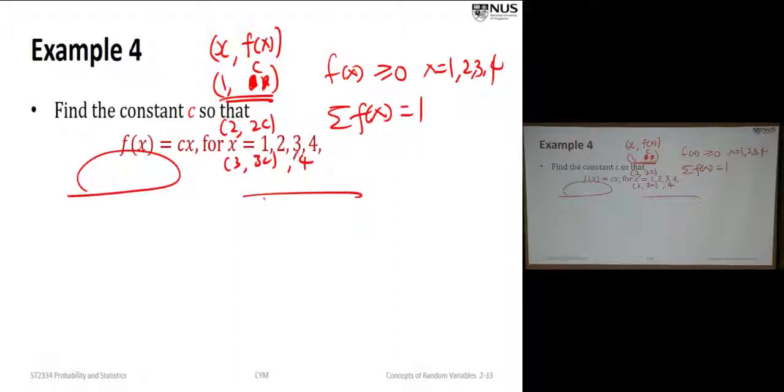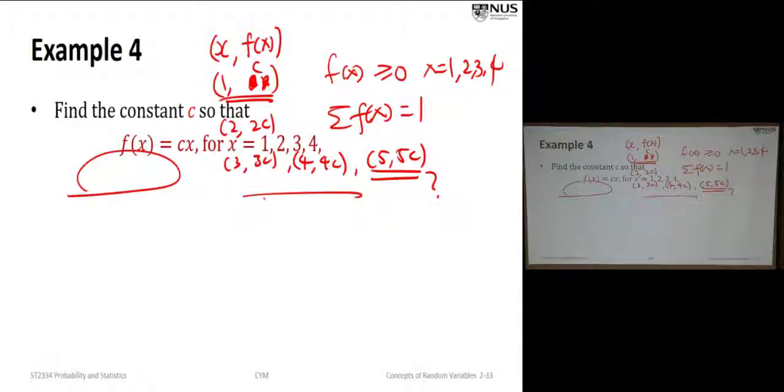Then 4C, because we substitute x equal to 4. 5C. Do we have that? No, because f of x equals cx only when x equals 1, 2, 3, or 4.